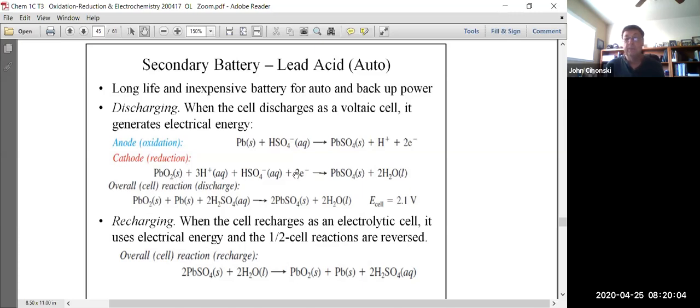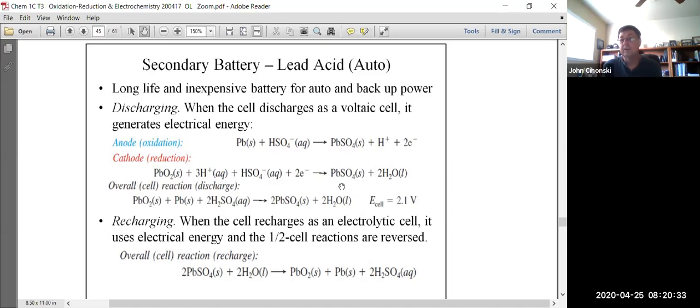And what we end up doing is using the 2 electrons generated here, and we form lead sulfate plus water. Now, notice this lead sulfate, we went from +4 to +2. And here we went from 0 to +2, but it's the same product. That is some pretty nice engineering.